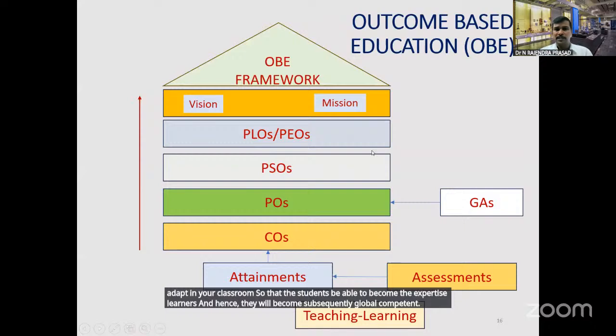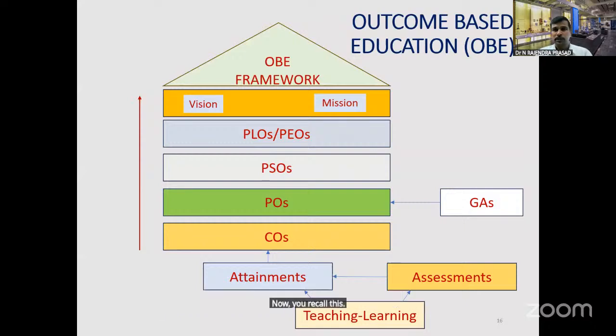Now you recall this picture, the outcome-based education framework. In this framework, everything is systematically interlinked between one and the other. How? It starts from the teaching-learning process. Your job is very, very critical.